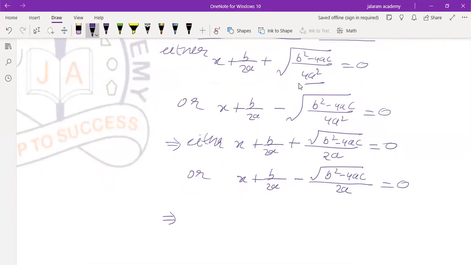It implies we have to find the value of x. x equals to, transfer these two terms which do not have x to the next side.